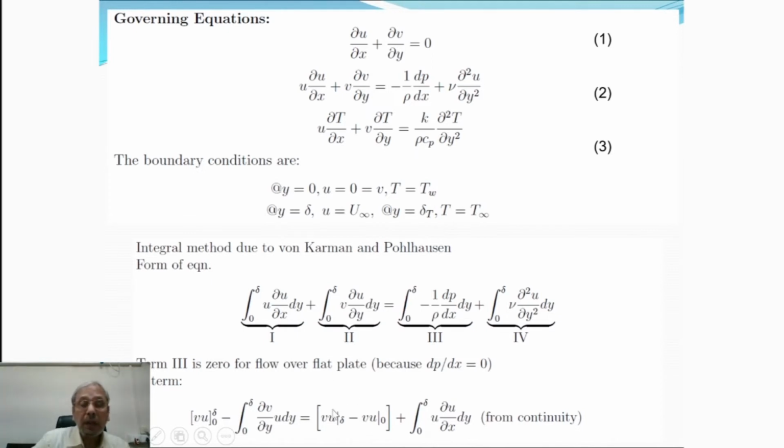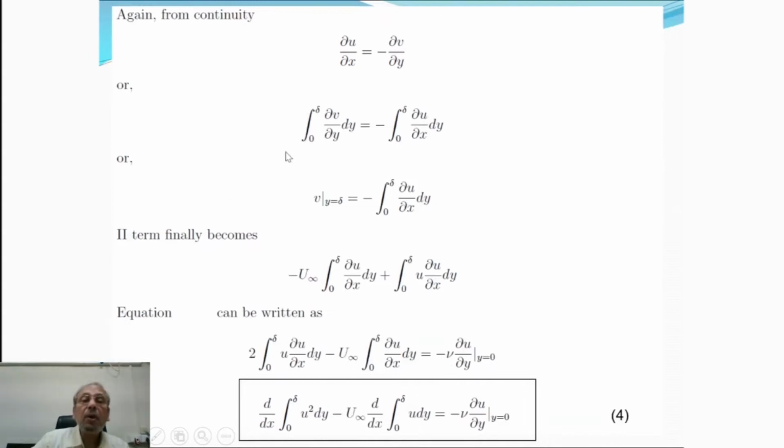Now this part has to be evaluated. So we can write again ∂u/∂x equal to minus ∂v/∂y. So the integration of ∂v/∂y dy between 0 to delta is minus the integral from 0 to delta of ∂u/∂x dy.